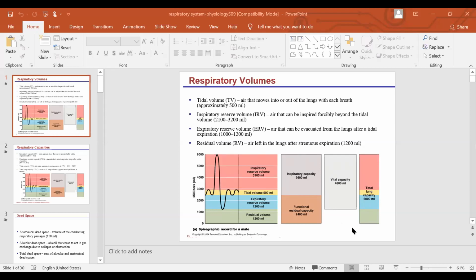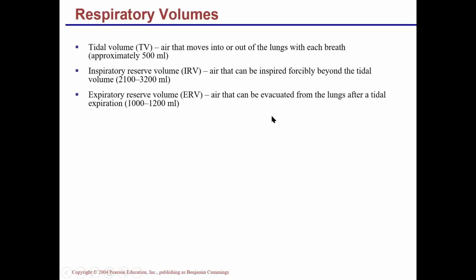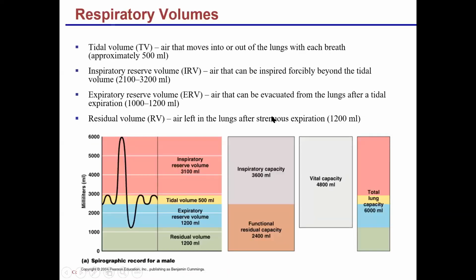Okay, so let me see if I can enlarge this. First, the physiology part, we're going to have some terms. The first one, the tidal volume, is this yellow part in this diagram.